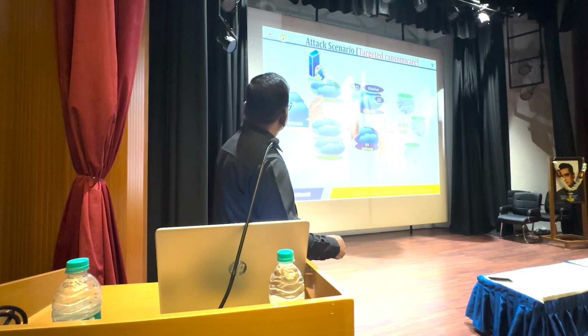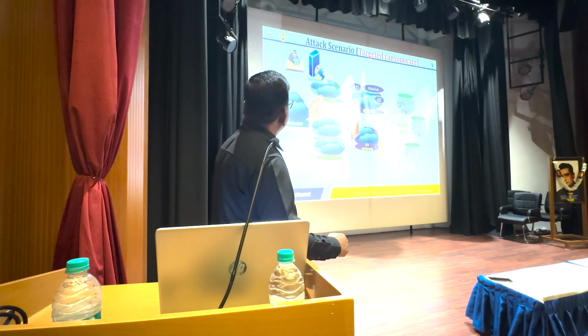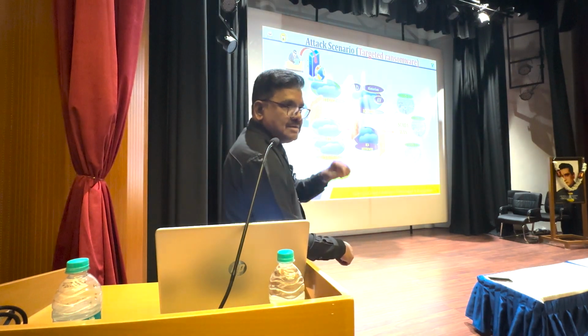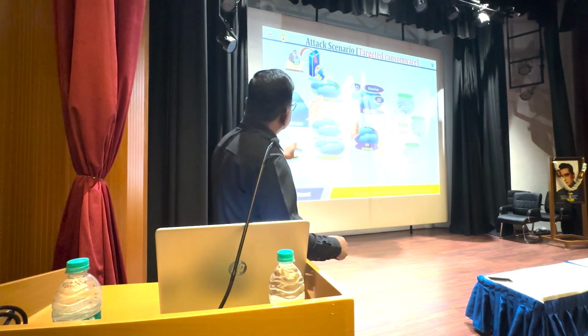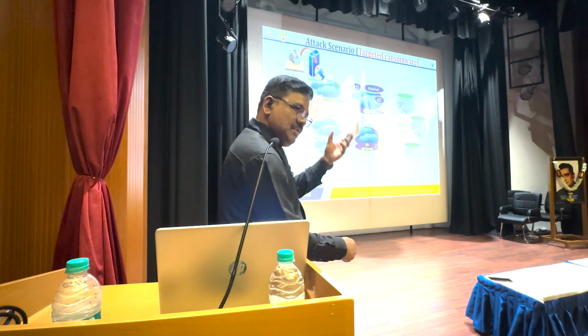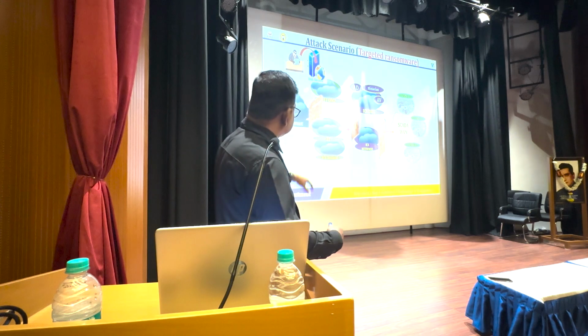Then the third attack. So what will the hacker do? First he will break into the web server through the zero-day vulnerabilities. He will detect them. Zero-day vulnerabilities means some software is installed in this web server, and maybe it has expired or some loopholes are there in the software.